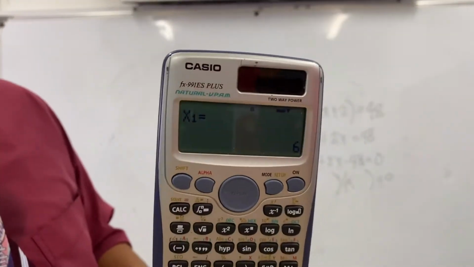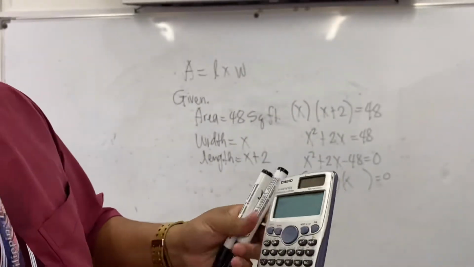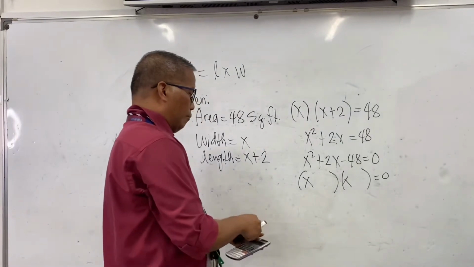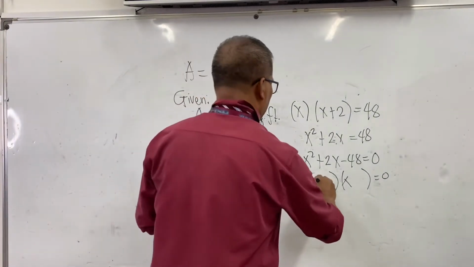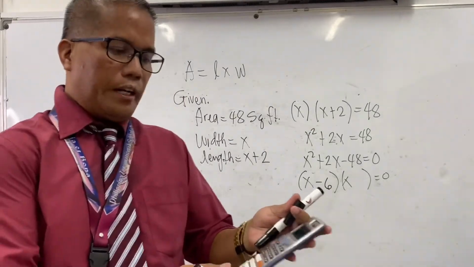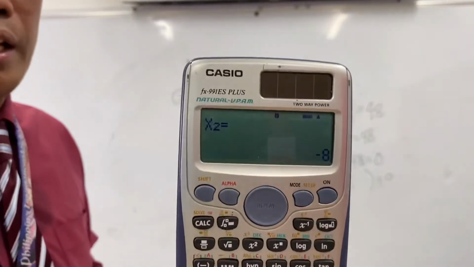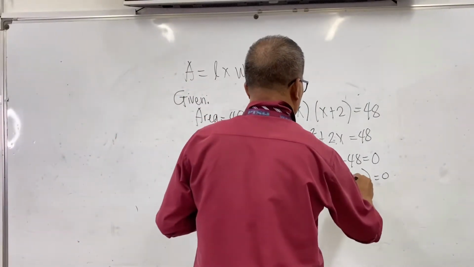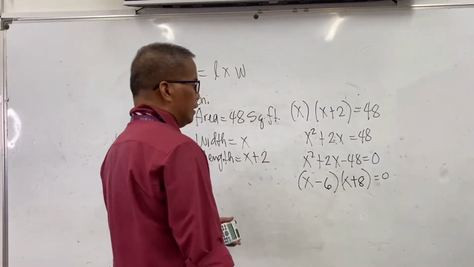Look at that. So we have now x sub 1, or x equals 6. So if you are going to write it here, x minus 6. And then of course, another, we have x equals negative 8. So if you are going to write it here, x plus 8. Okay?